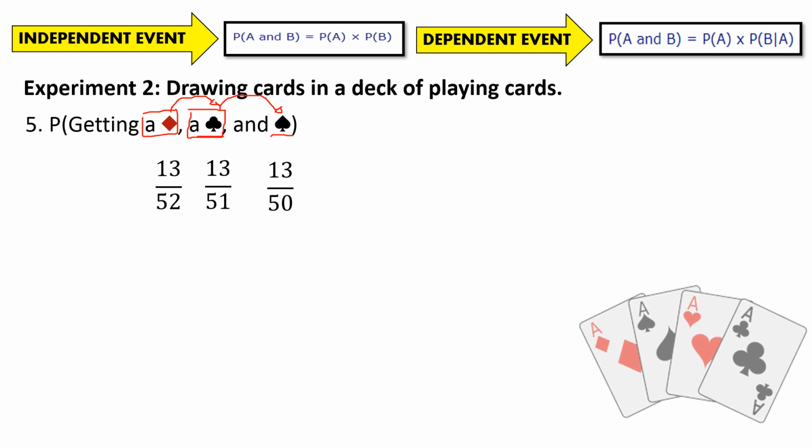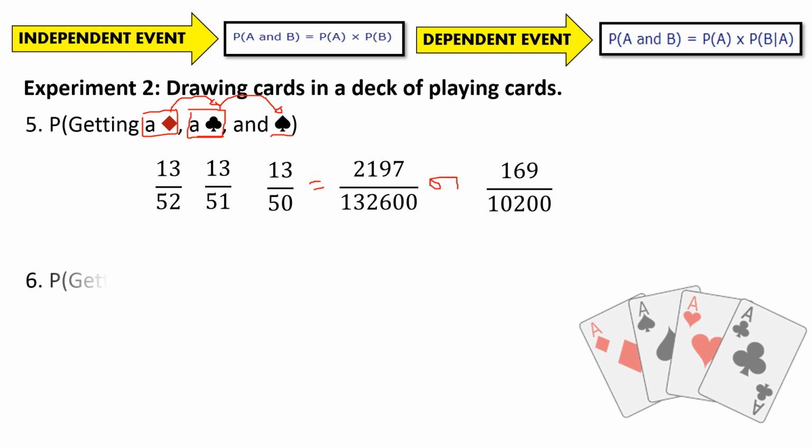So we still have 13 here. Upon multiplying all of these three, this will give us 2197 over 132,600, or can be further simplified as 169 over 10,200.